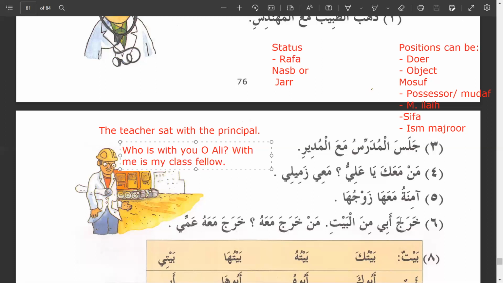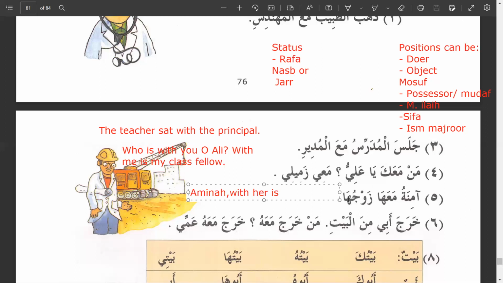Now, Aminatu ma'aha zawjuha. Can you translate? Amina is with my classmate, no. Ma'a means with and ha means her. With her is zawjuha.